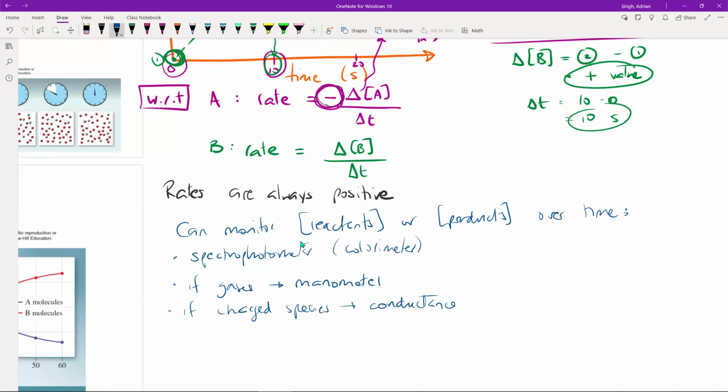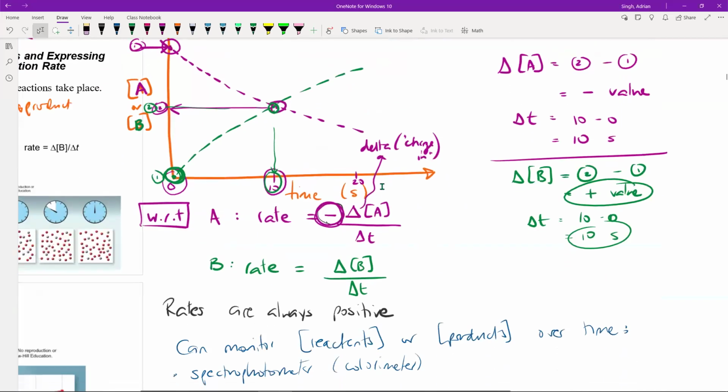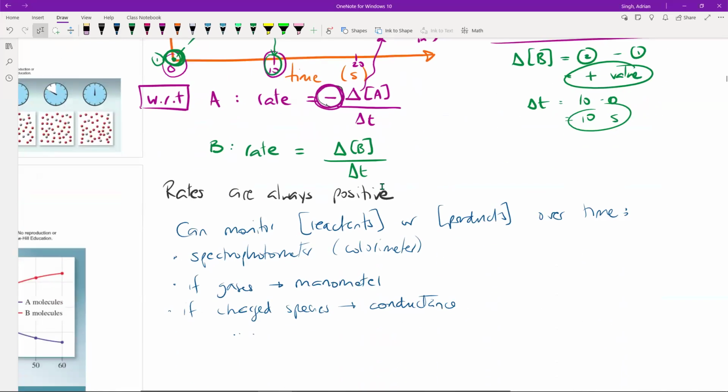There's a variety of things, dot, dot, dot. There are a variety of techniques that we can use to monitor the concentration of reactants or products over time. We can plot them on a graph, and we can plug them into our equations to determine the rate in such a way.